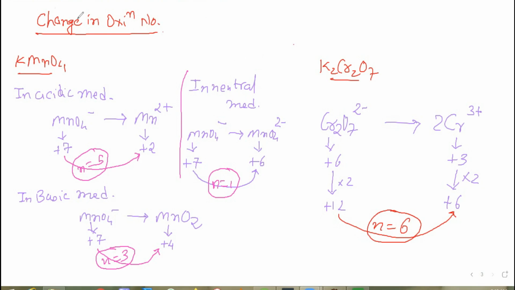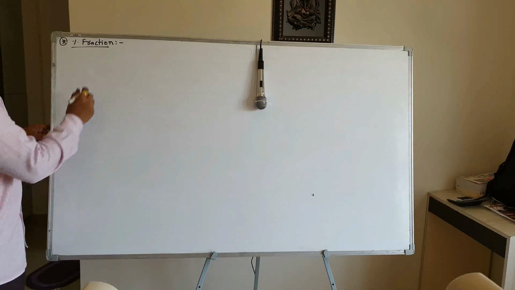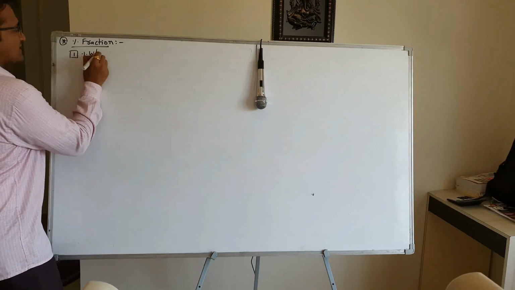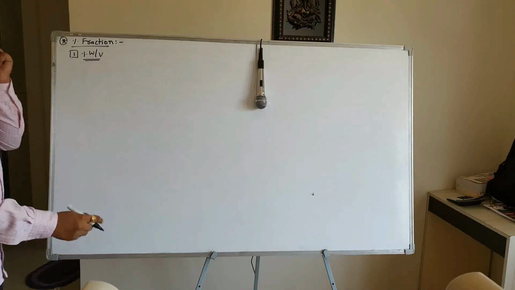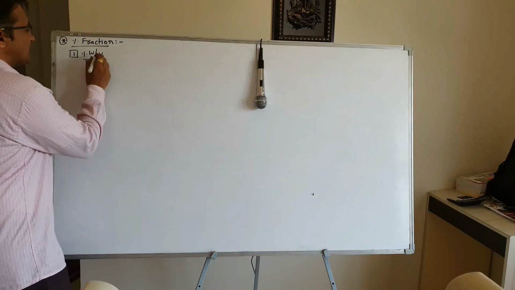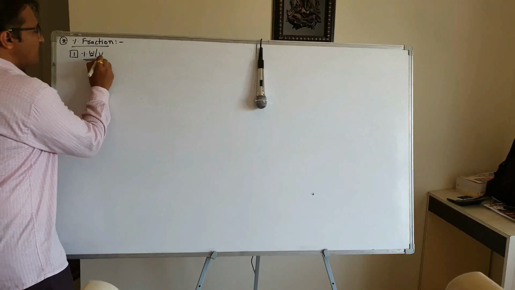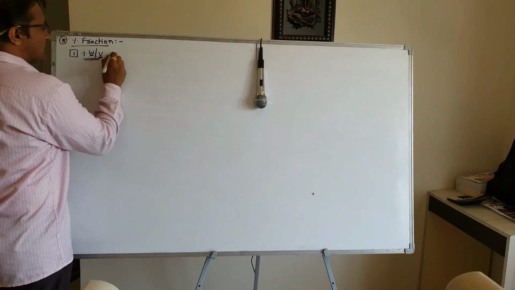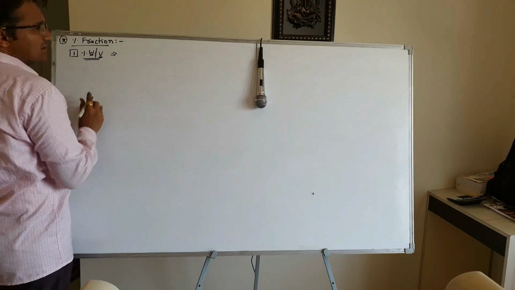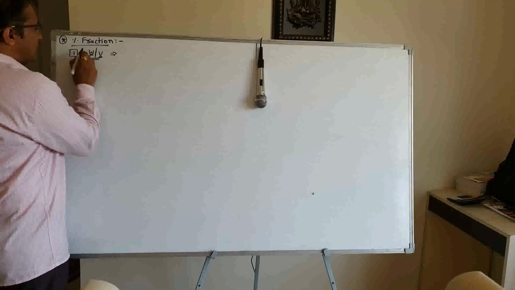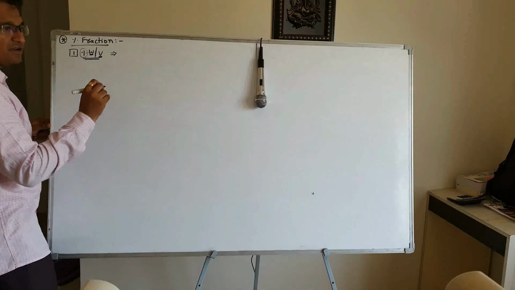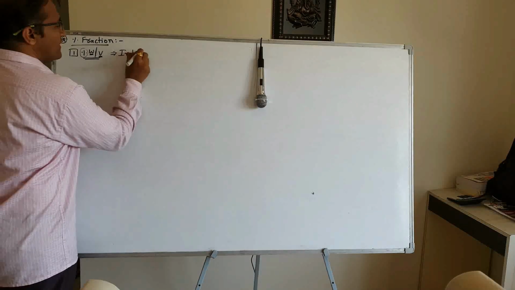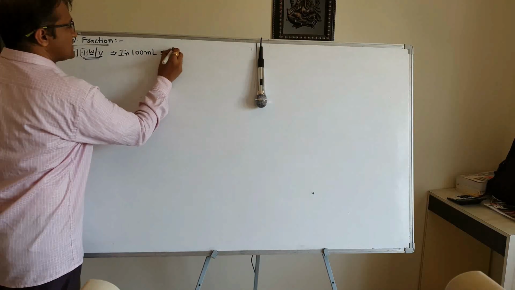Okay. Percentage fraction. Number one is percentage W by V. So first of all, I want to say that W is at numerator and V is at volume. So generally, the term which is at denominator, we will take a unit, but percentage means per cent, cent for century, 100. So we will take 100 ml solution.